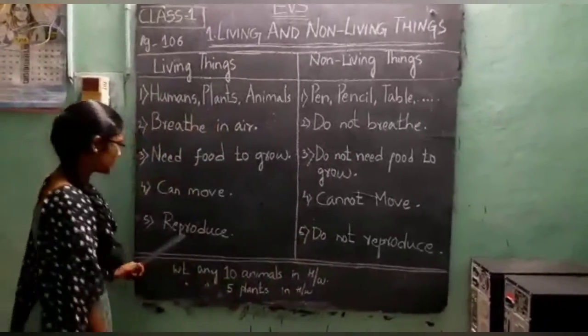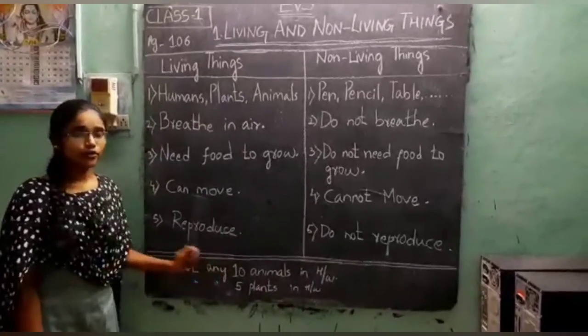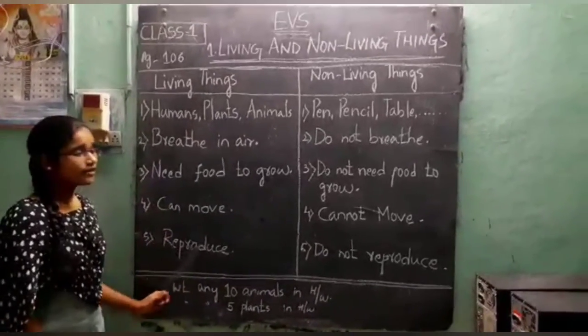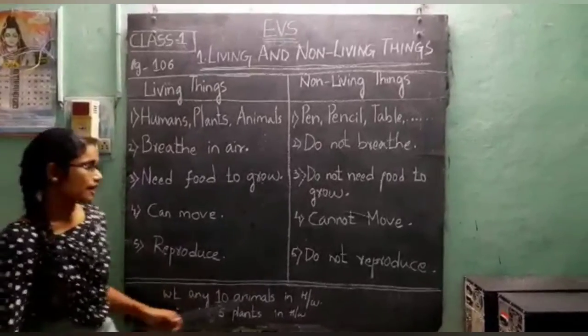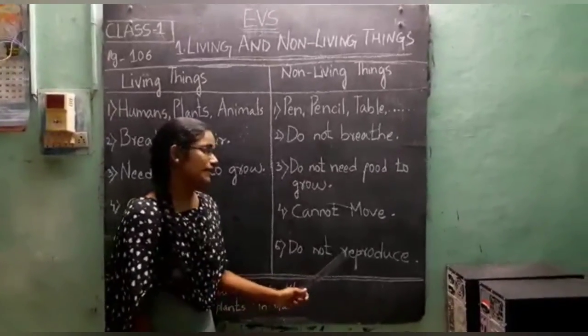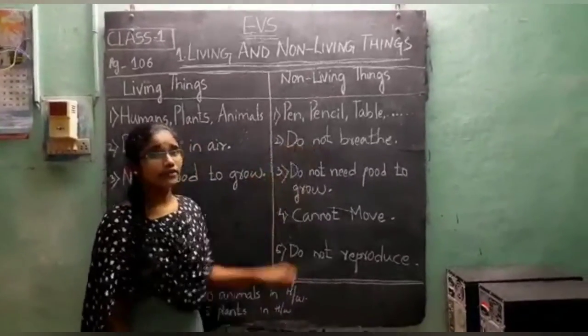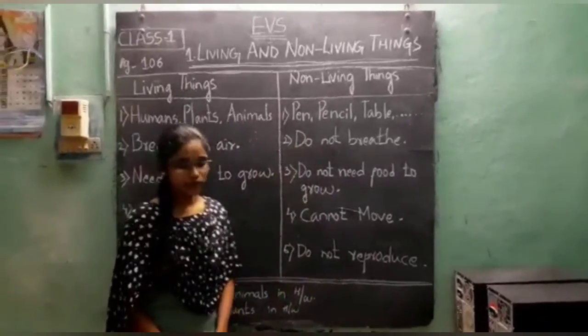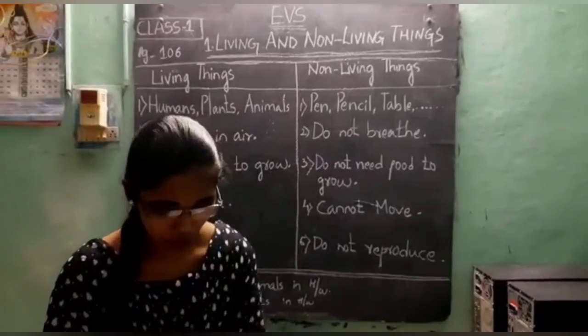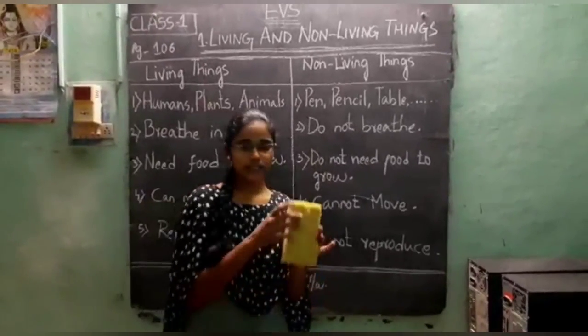And the last point, they can reproduce. Living things can reproduce and non-living things cannot reproduce. Let's take an example of a duster. Look at the duster.